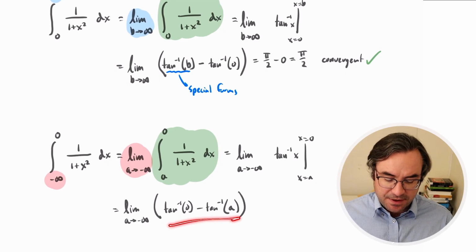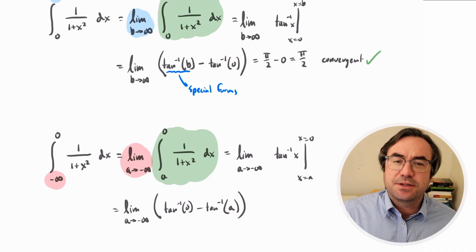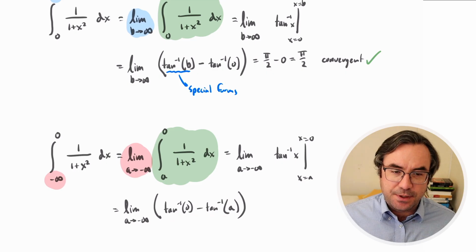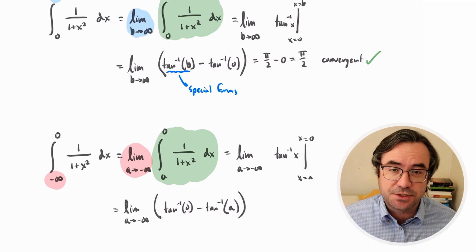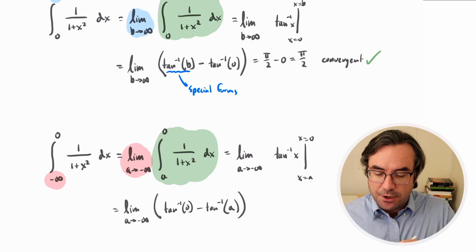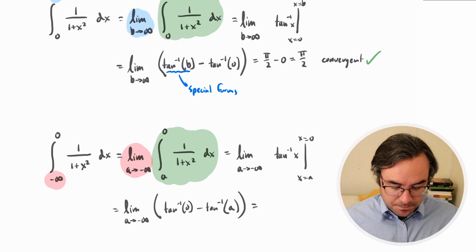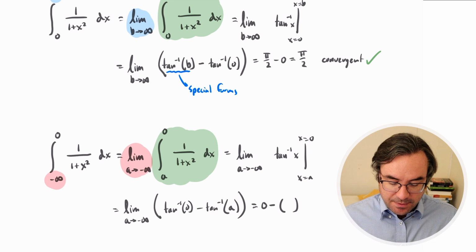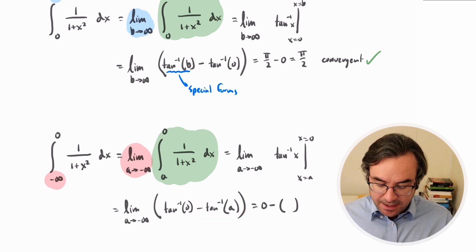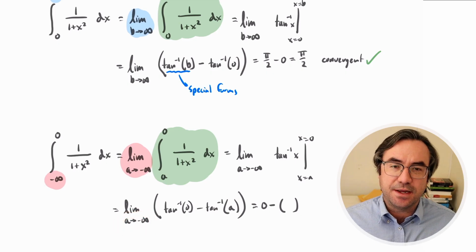Sometimes you might want to simplify this down, which can take a little extra work, but in this case, we can just do it. Inverse tan of 0 is just a constant, so that just approaches whatever that is. We know it's 0. Then we're subtracting, so let's figure out the limit of inverse tan of a as a goes to minus infinity.